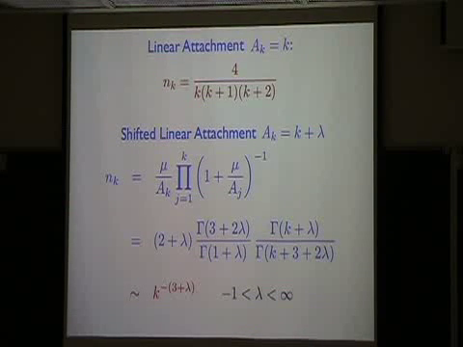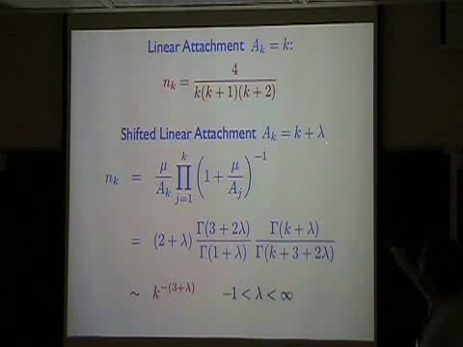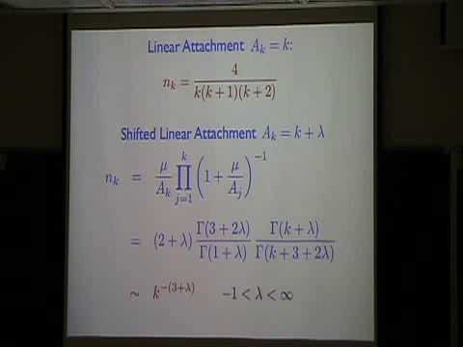But I want to emphasize something that's really quite striking. Let's consider shifted linear attachment k plus 1. If the degree is 1 million, who cares whether the attachment rate is 1,000,000 or 1,000,000 plus 1? That shouldn't make any difference at all, right? Doesn't it seem reasonable?